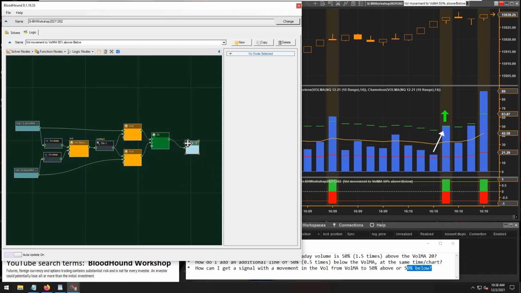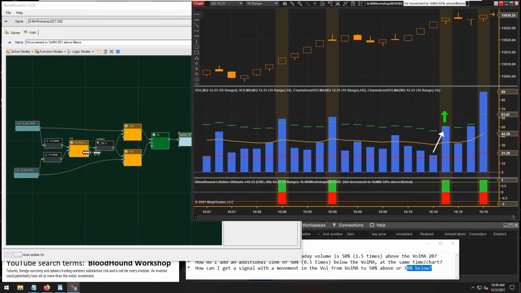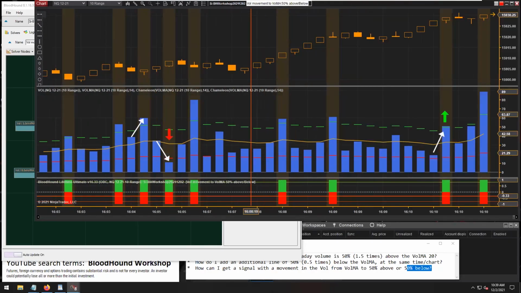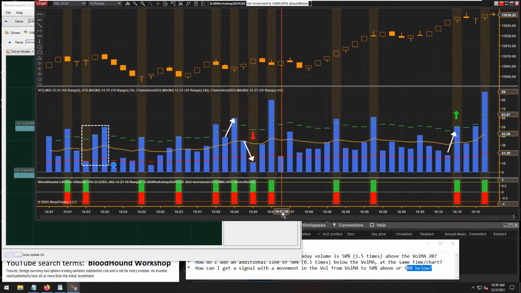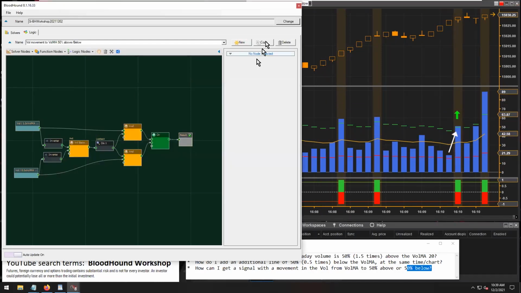There. And so now we can see everything together. There we go. So there's the signals when volume goes from inside the range to above the range, and when volume goes from inside the range below the range together there. All right, so there we have it.